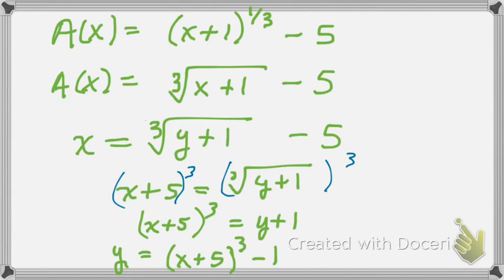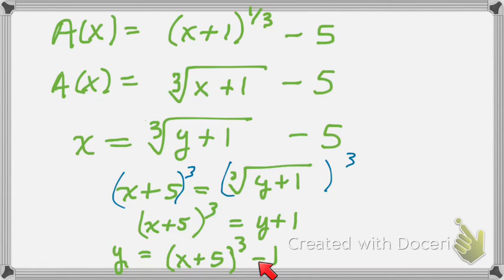So now we have a cubic function that's been shifted down 1, left 5. So the inverse of a cube root is a cube. Makes sense, right? The square and the square root are inverses. The cube and the cube root are inverses. It works.